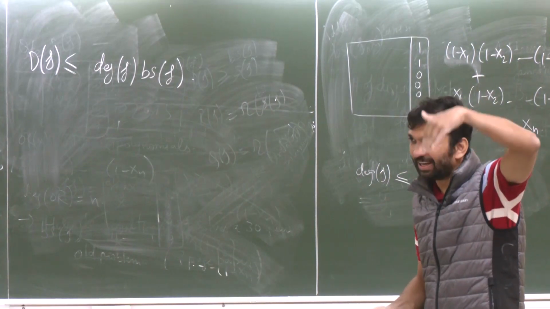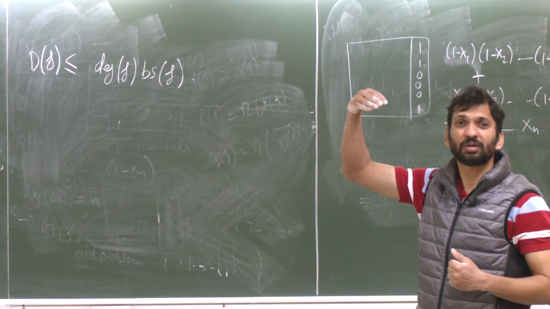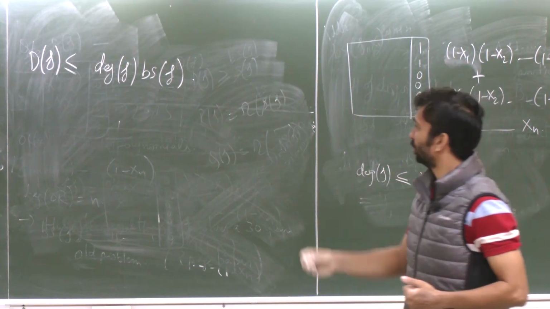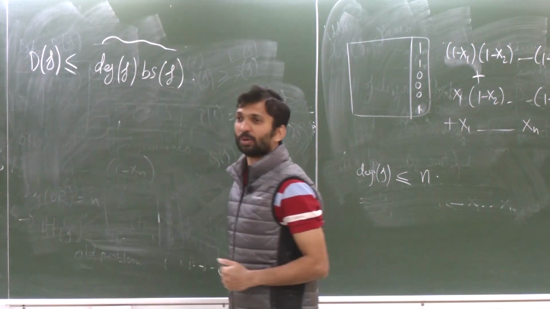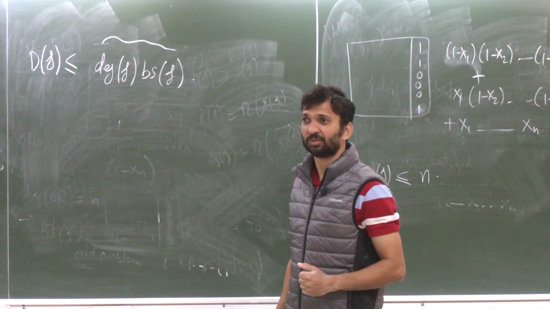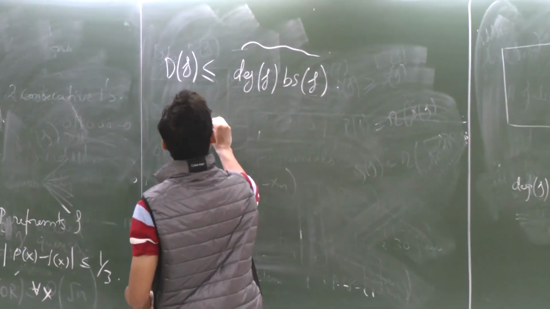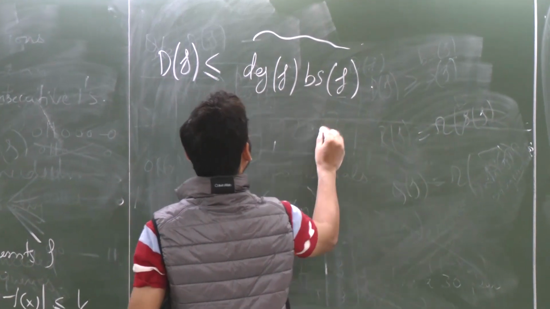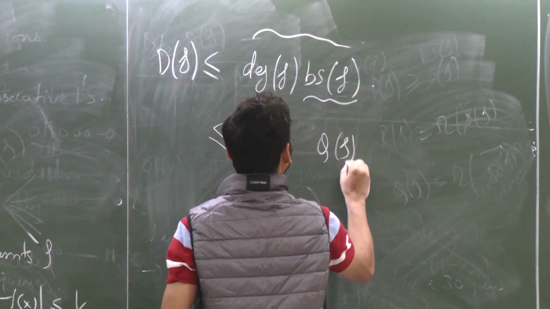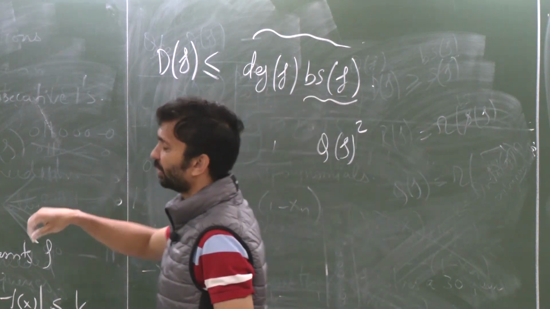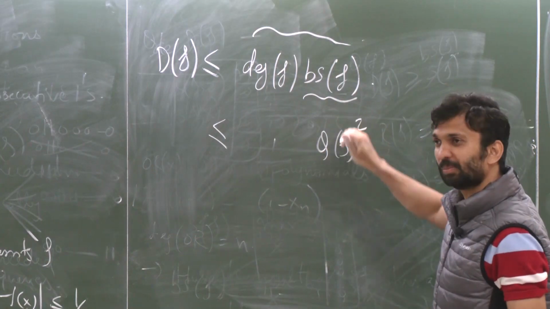We want to prove upper bounds on DF and give lower bounds on Q. So this will be the upper bound. Now, block sensitivity is bounded by QF square. This is something which I will not prove, but this is true.